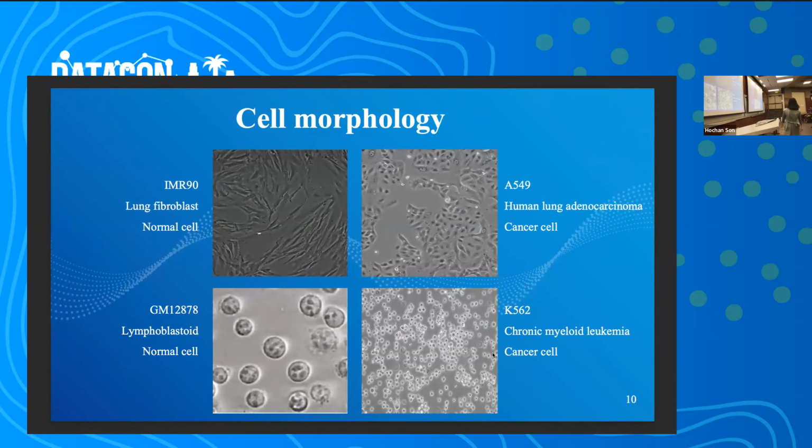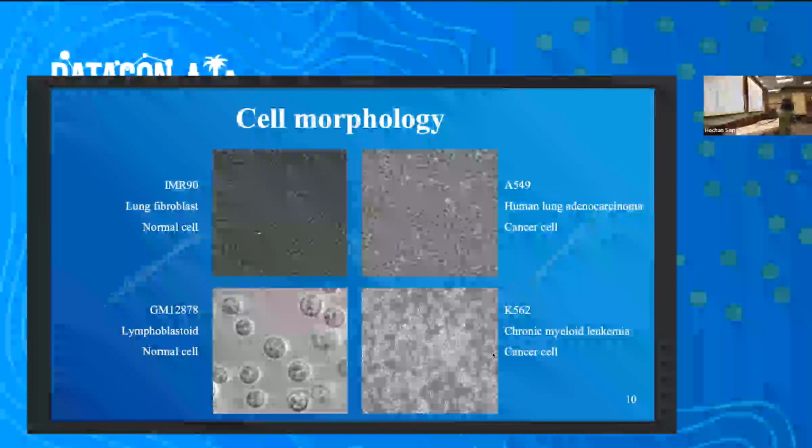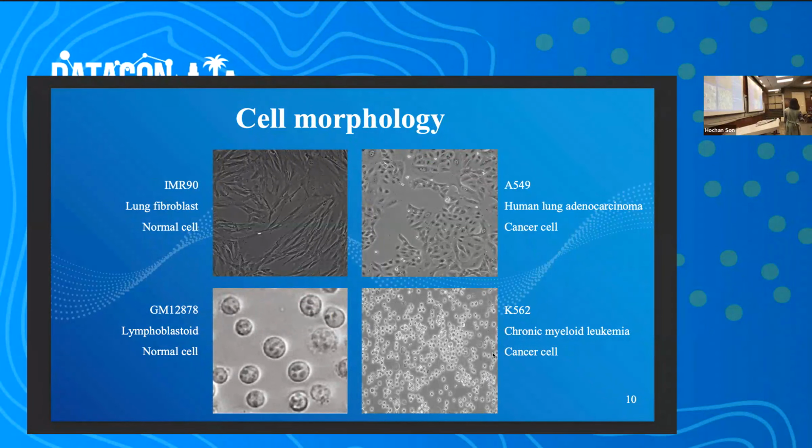All right, the 4 cell lines I use here, because this is my master's project, are cell lines that have been published, and a lot of people use them for research purposes. In this case, I use lung fibroblast and lymphoblast for the 2 normal cell lines, and I use lung adenocarcinoma and leukemia for the cancer cells. Next.